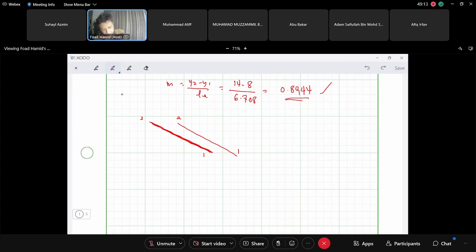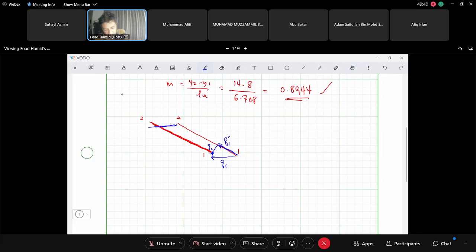So this is the translation. This is the Q1 translation, and this is the Q2 translation, and this will be our Q1 prime. And the same thing for our node 2.